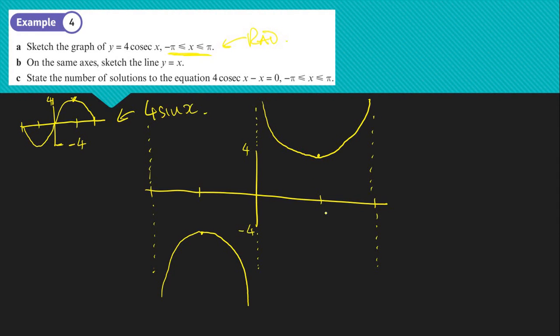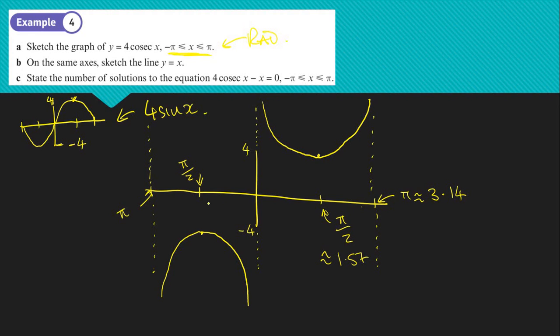Now, bear in mind that here, this will be pi, and so this here will be pi over 2, and here will be pi. Now pi is roughly equal to 3.14-ish, and so therefore this will be roughly equal to 1.57.